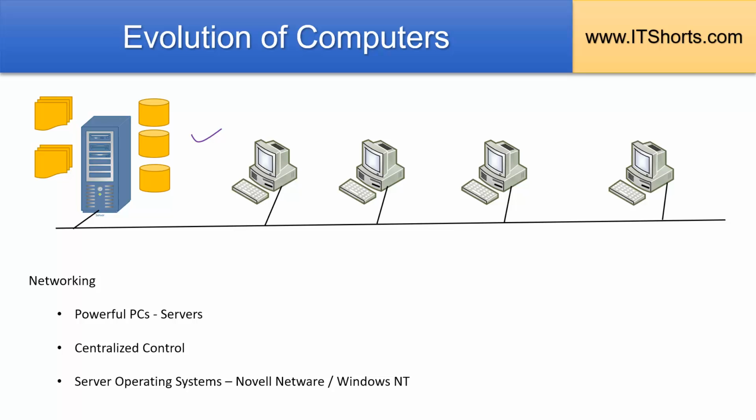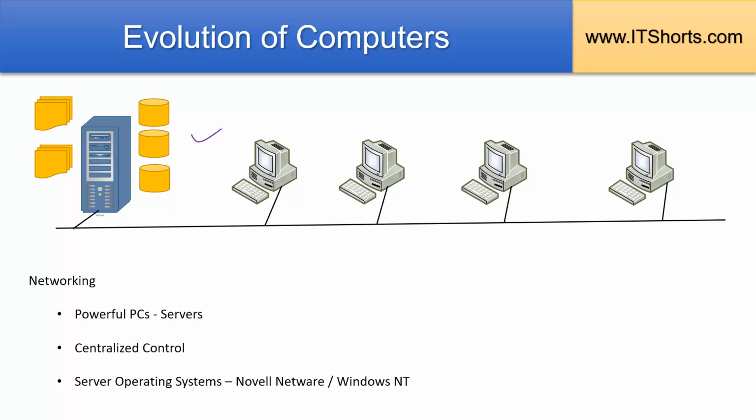Since this computer's whole purpose is to serve its resources to the network, it was referred to as a server computer, or just server. This powerful computer would reside in a well-protected location called a data center, as opposed to the user computers, which would sit either on or under the users' desks.